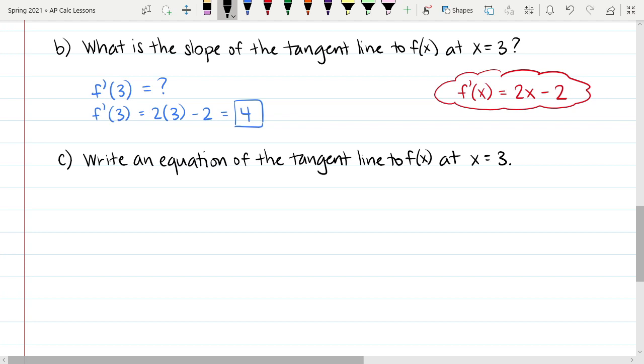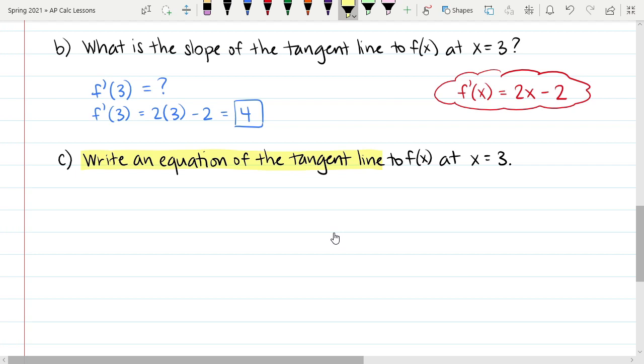And then finally for this question, part C, write an equation of the tangent line to f of x at x equals 3. In this course, when you see write an equation of the tangent line, there are two things that you need to know. You need to know the slope of the tangent line, and you need to know the point where the tangent line intersects the graph.